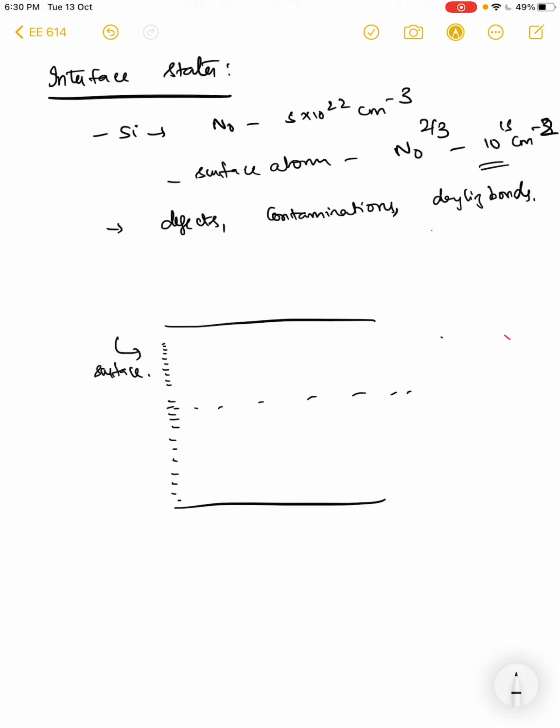So you have a bunch of states, and at 0 Kelvin, remember, these states are present in the forbidden energy gap. These are because of irregularities in the crystal lattice. So your interface has states in the energy gap as well, and at 0 Kelvin, up to the energy till which the states are occupied, you draw the Fermi level.